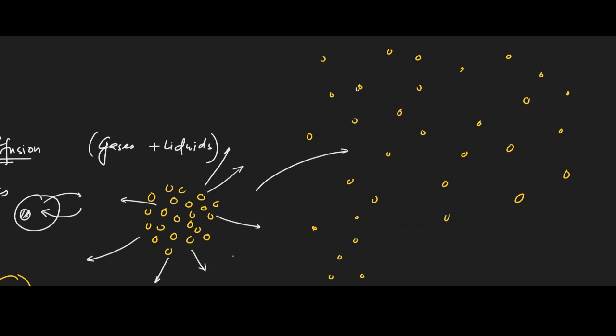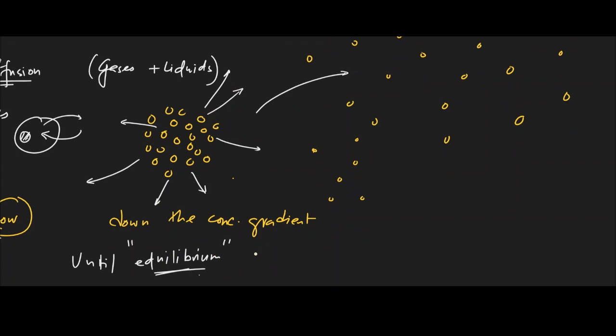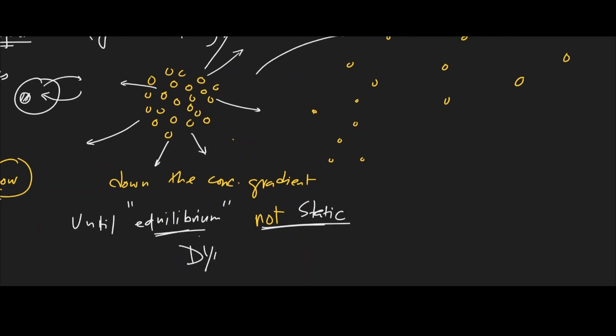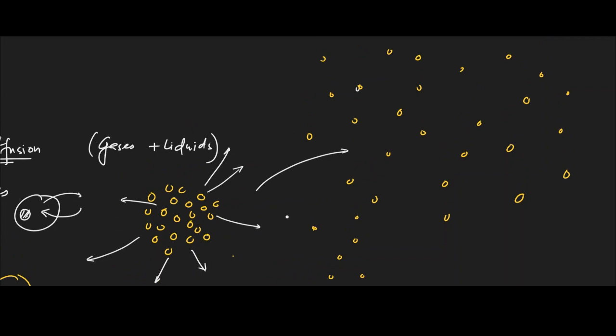But even in equilibrium, you must understand that this equilibrium is not static. This equilibrium is dynamic. Dynamic equilibrium means that the particles still move, whether in a liquid or in a gas.